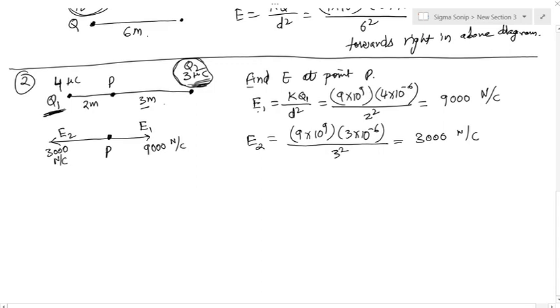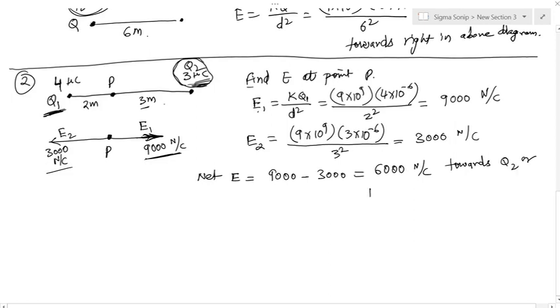Net electric intensity, we just need to do a vector addition, and we can clearly see that the right hand side is bigger. I haven't drawn them proportionately, but that's okay. The electric field towards the right is 9,000, towards the left 3,000, so net will be towards the right. So net will be 9,000 minus 3,000 is equal to 6,000 Newton per Coulomb towards the right.